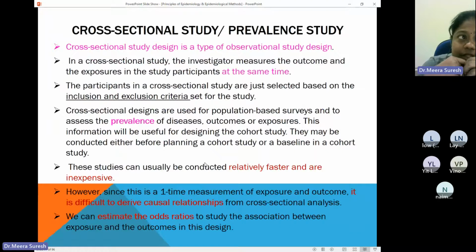You can decide that population on whichever basis you want to. You have to refer to the articles and then decide which population you have to select.